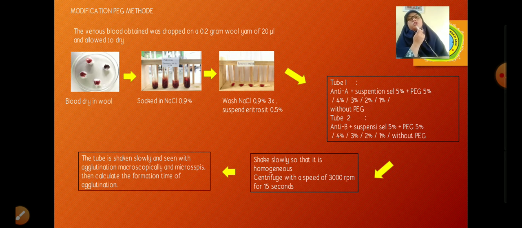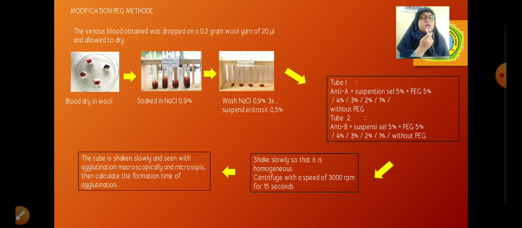Second, the procedure for the PEG method, with the same sample preparation as the absorption elution method. I get the erythrocyte suspension after washing with physiological sodium chloride three times.